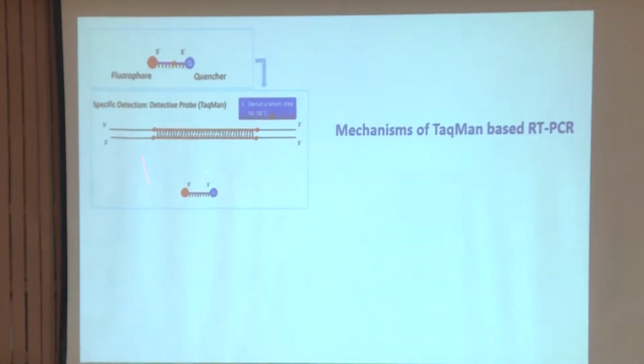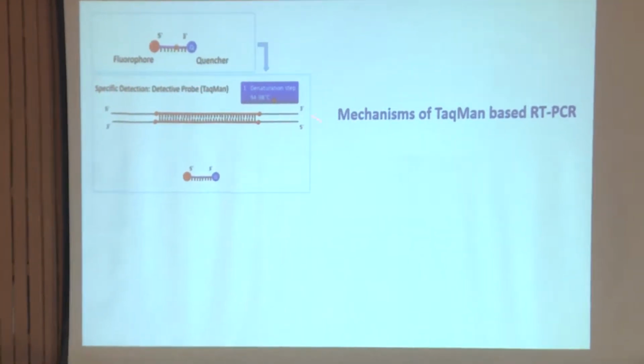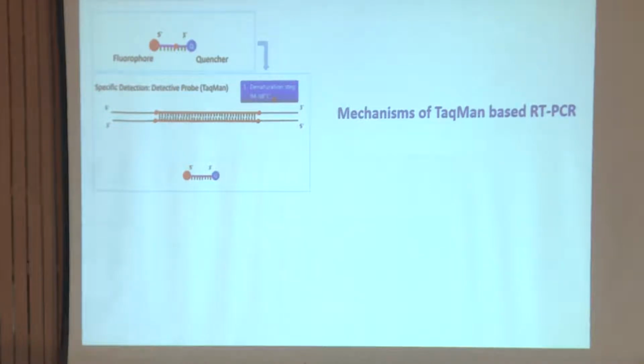Now, see the first step, denaturation. Right? Imagine a solution. You have double stranded DNA, you have primers, you have nucleotides, you have probes also. Right? The moment it becomes 2 single stranded DNA, the reaction started. All molecules started moving here and there in a chaotic manner. Correct?